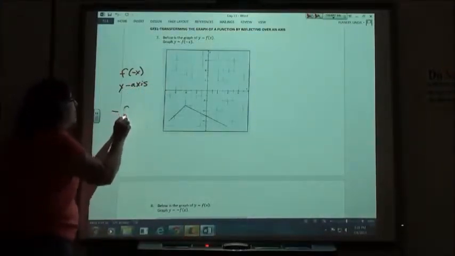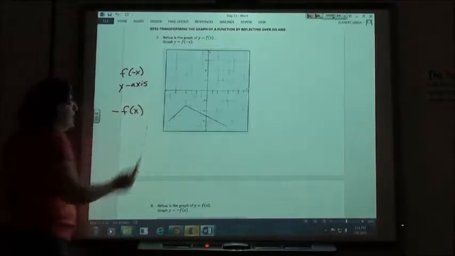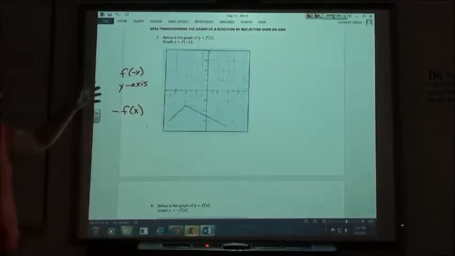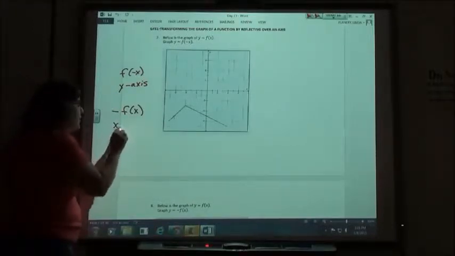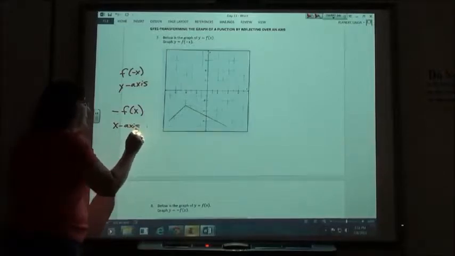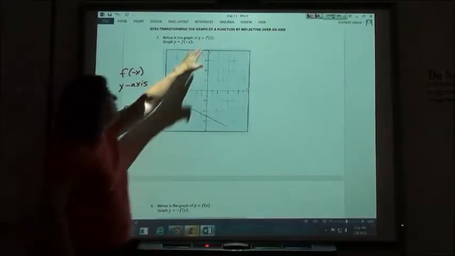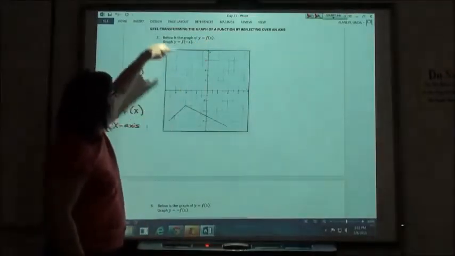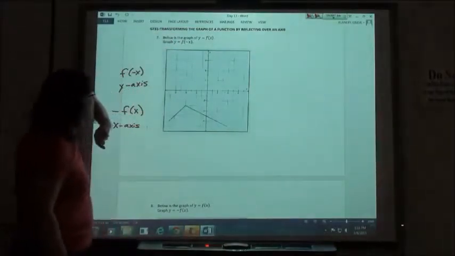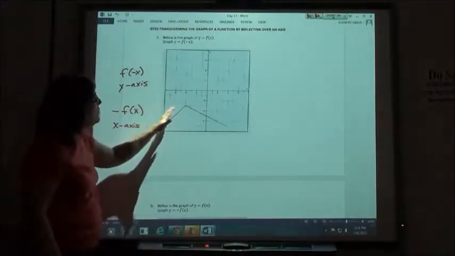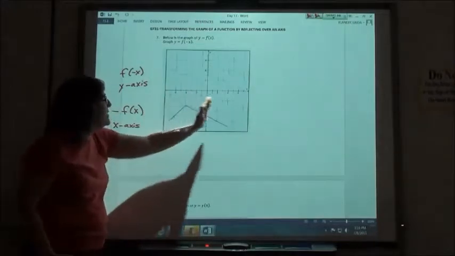If the negative is in front of your function, like when we had negative 3 times the absolute value of something, I said it was going to flip it upside down, that's going to reflect it across the x-axis. So in this case, if this is my graph f of x, and I want to do f of negative x, this is going to reflect across the y-axis.